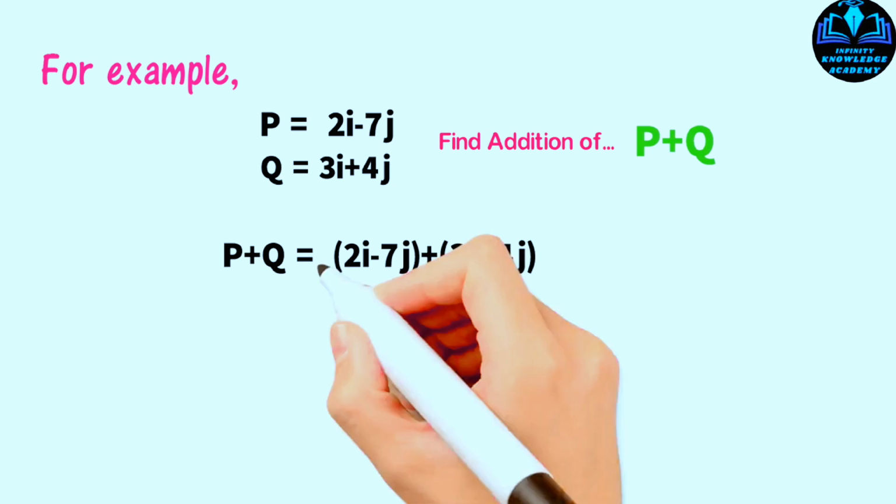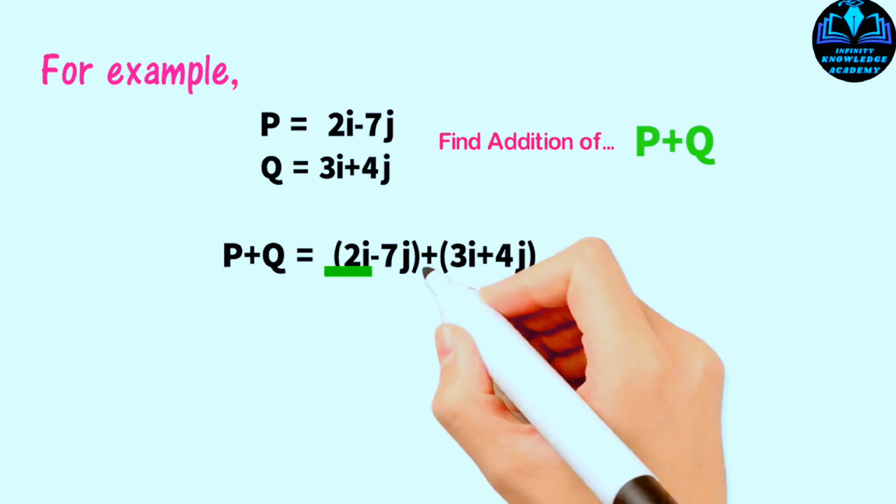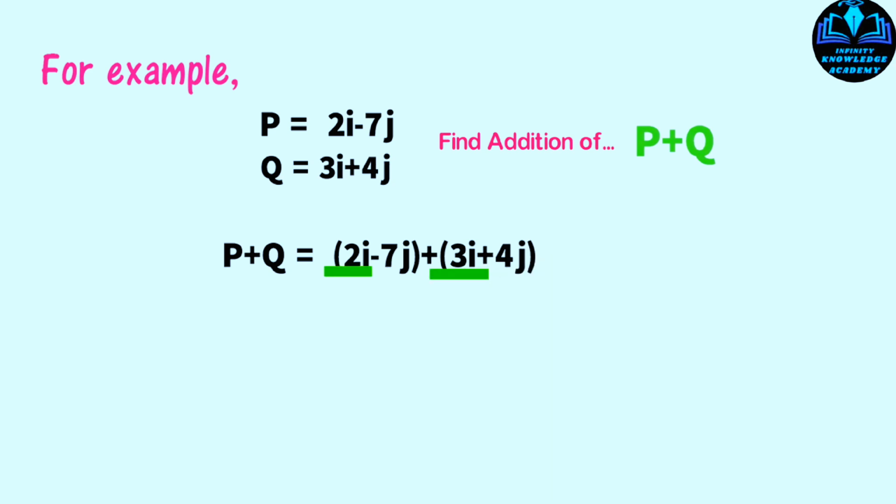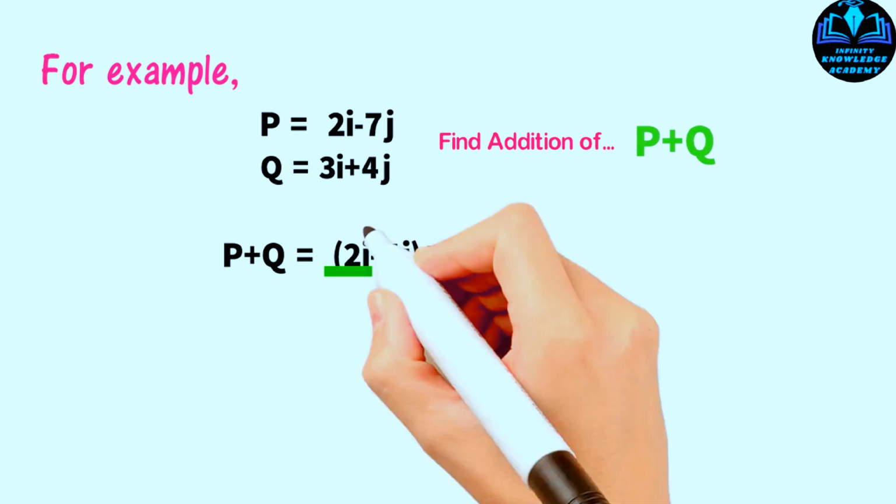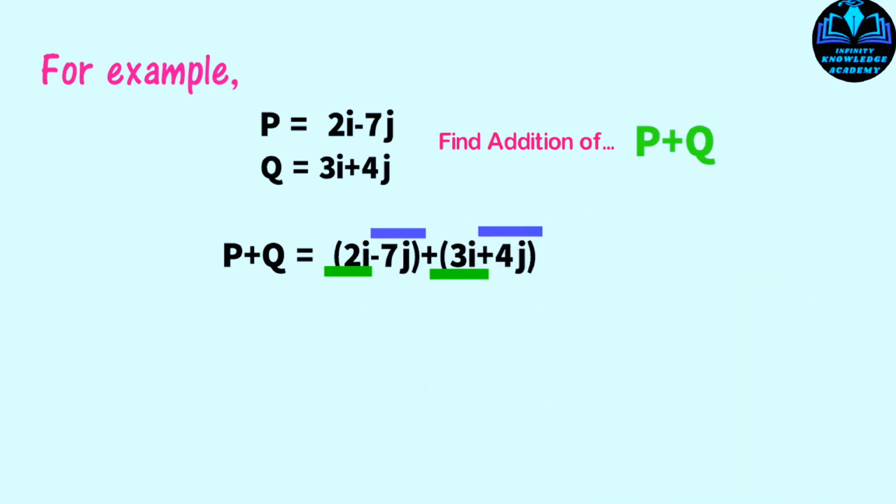Now here the x part will be added with the x part, where i is the unit vector in the x direction, and j is the unit vector in the y direction. So x part will be added with the x part and y part will be added with the y part. So I am adding x part 2 plus 3 and I am getting 5, and its unit vector is i. Minus 7 plus 4 and I am getting minus 3, and its unit vector is j. So this is the addition of P plus Q.